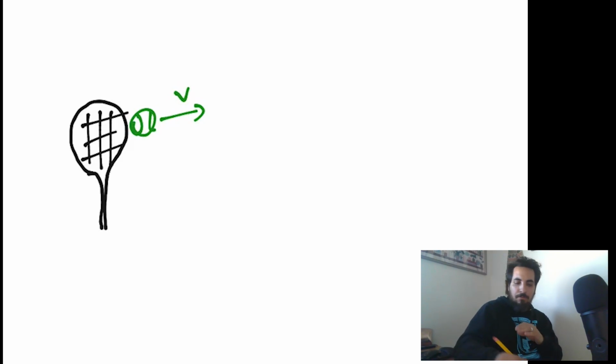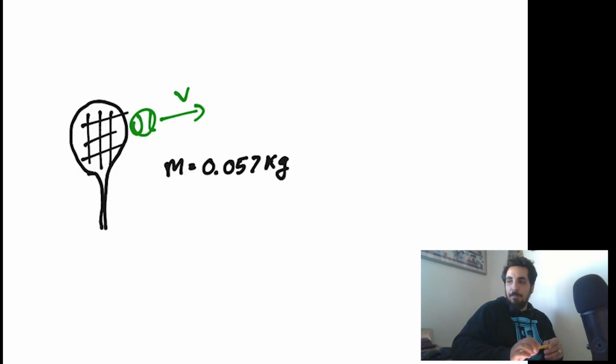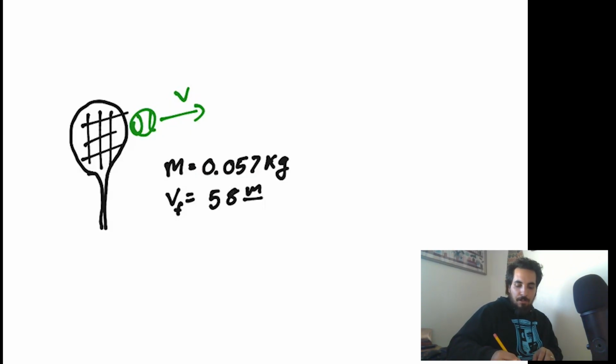Now, a couple of useful pieces of information for this problem. The mass of a tennis ball is typically about 0.057 kilograms, about 57 grams. If we're talking about a professional tennis player such as Venus Williams, she can hit a ball with a velocity after the serve of about 58 meters per second.